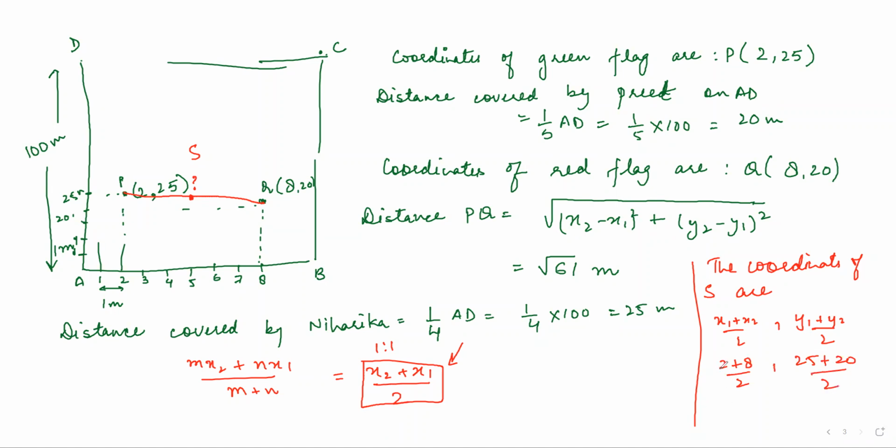So this is 10 by 2, which is 5, and this is 45 divided by 2. You can leave it in fraction. So these are the coordinates of the midpoint, of which flag basically? Blue flag. Okay. The coordinates of the blue flag you can write.